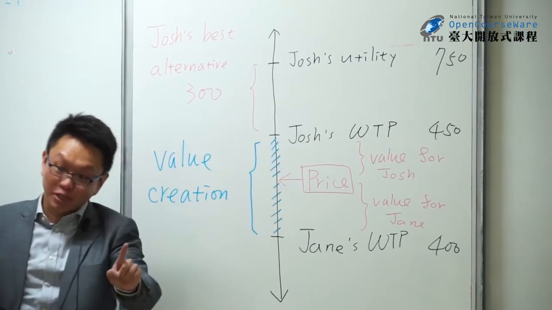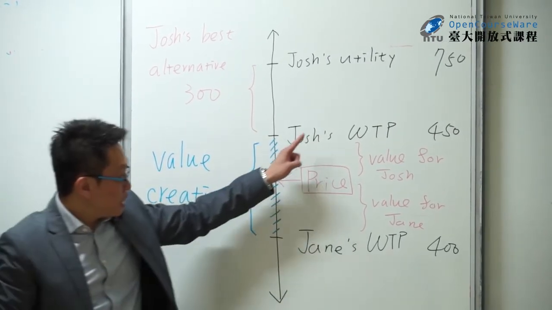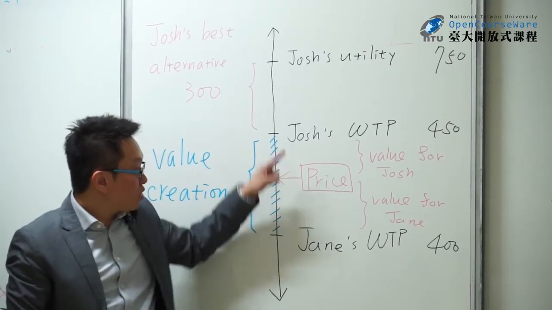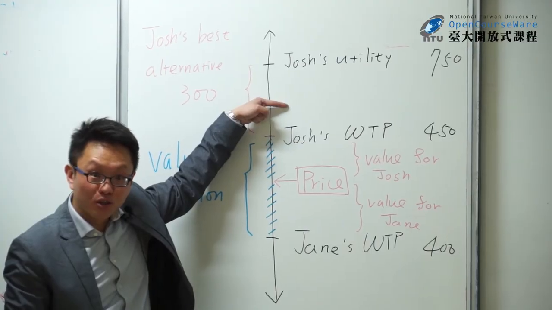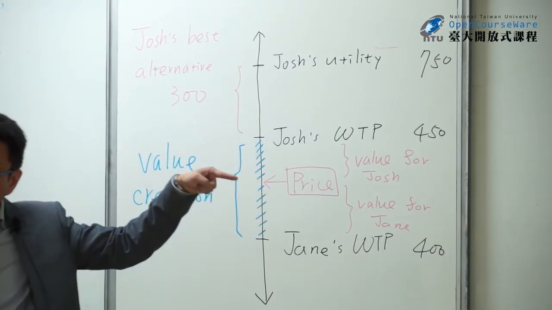We make some sort of experiment. Be careful here. If now Jen says, I want to sell to Josh for 460. If you were Josh, do you want to take this offer?